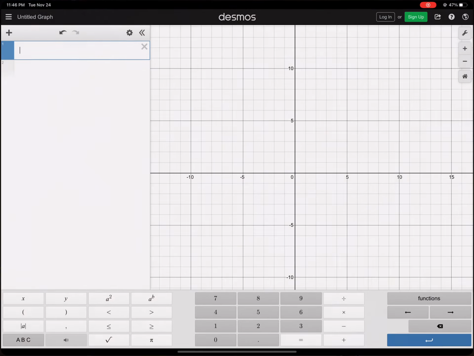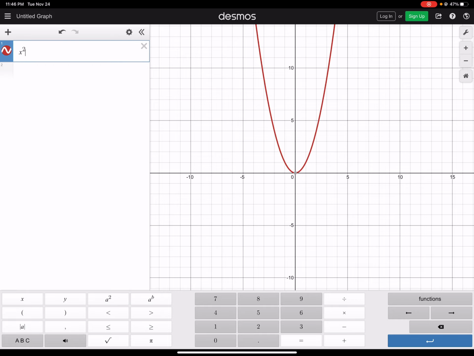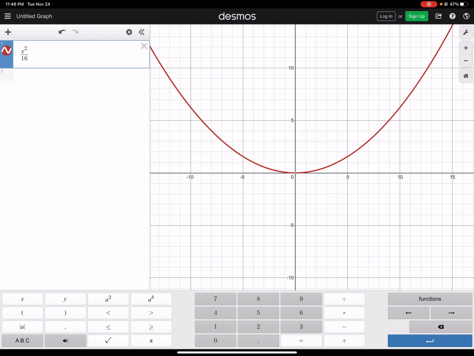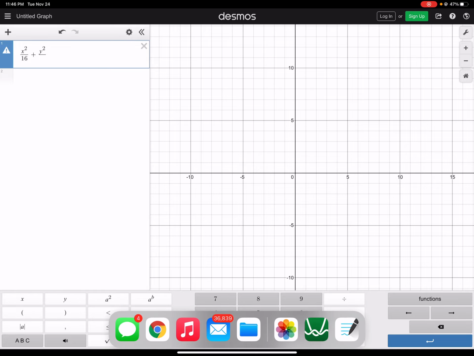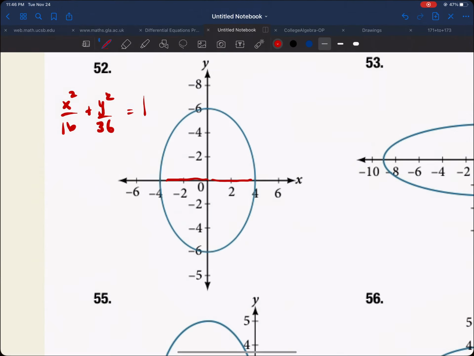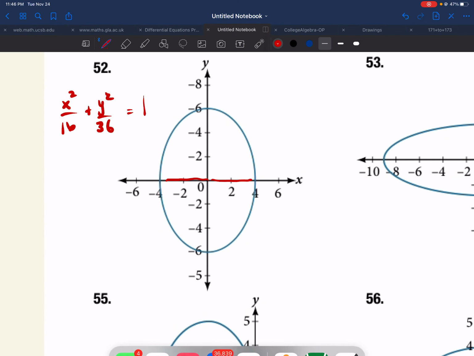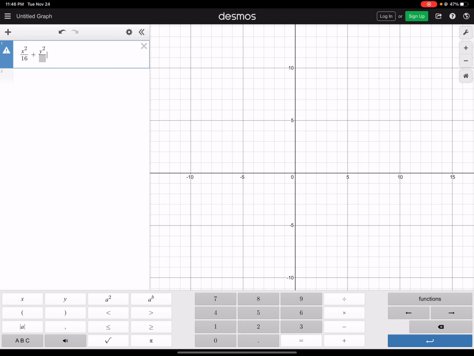Okay, so x squared over 16 plus y squared over 36 equals 1.